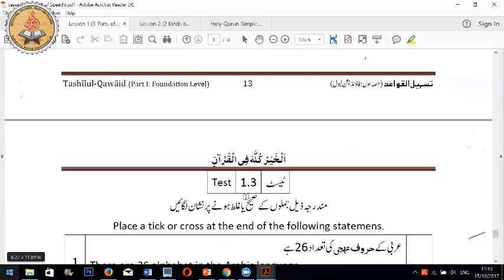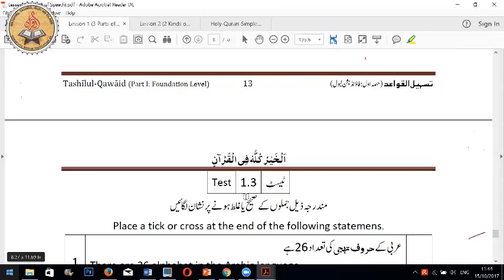Try to solve these exercises on your own without looking at the notes. And then go to a website where you can find these notes. You will find solved examples, solved exercises. You just check and match, and if there is any mistake, you can identify it.